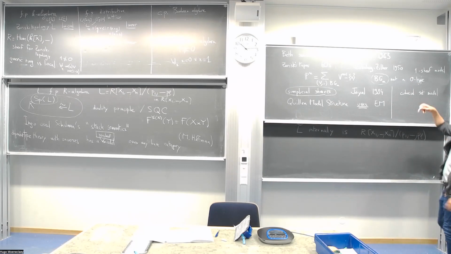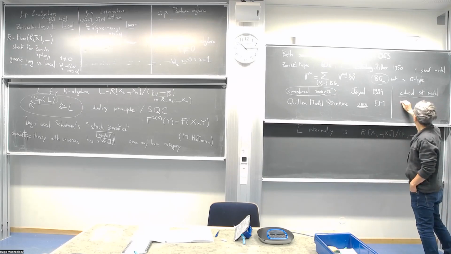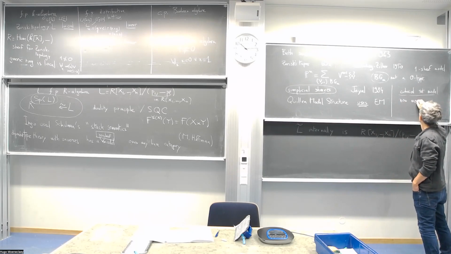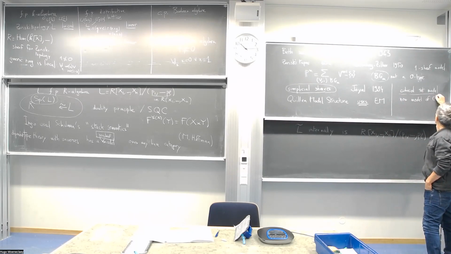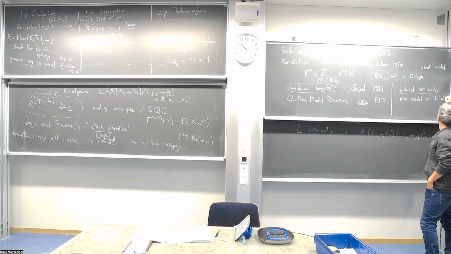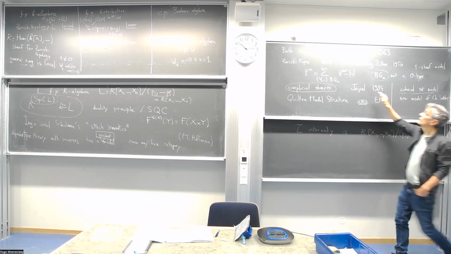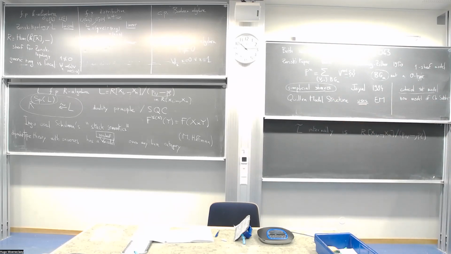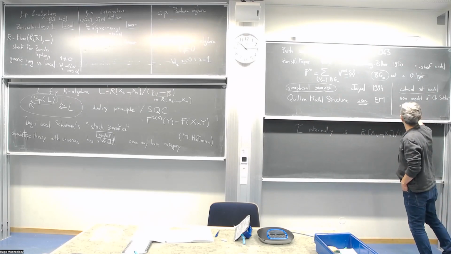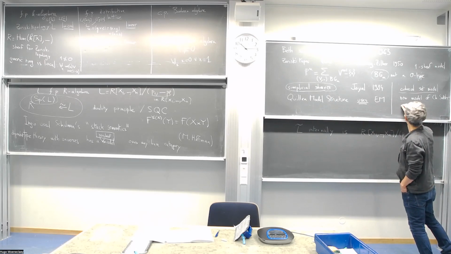Last year, after the meeting we had here, there has been a new development: a new model of Christian Sattler. This model is similar to simplicial sets, but instead of using only linear orders, we use non-empty cosets. So it's a presheaf on non-empty finite cosets.